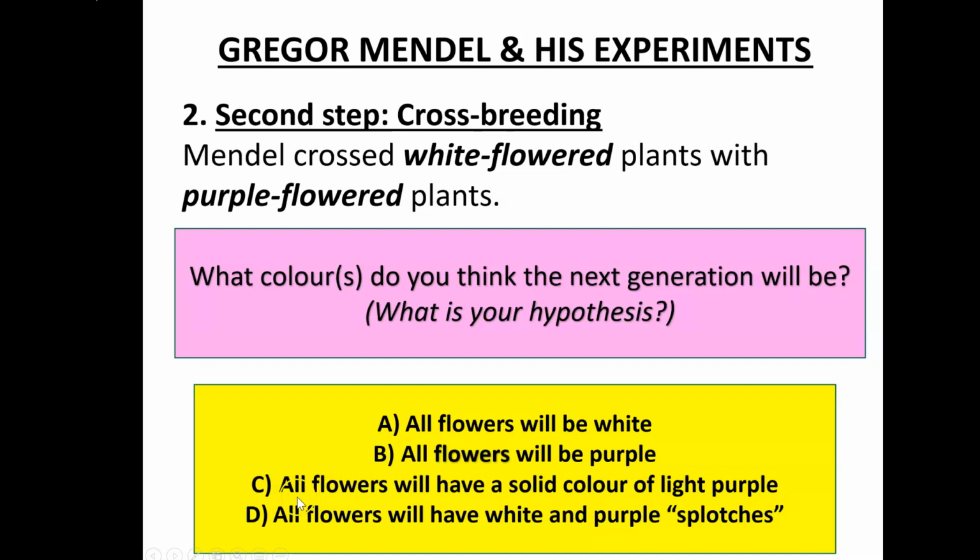Or would the next generation flowers have a solid color, a lighter purple, like maybe even a pink, a mix between purple and white? Or did all the flowers have a mixture of white and purple splotches? So these were the many different hypotheses of Gregor Mendel and other scientists that did similar studies.